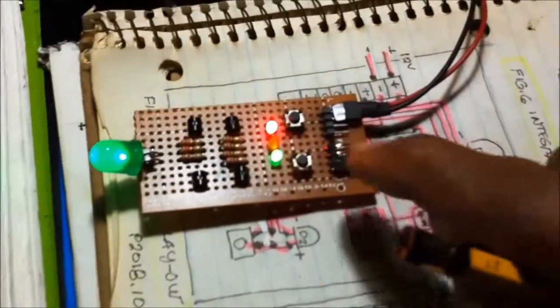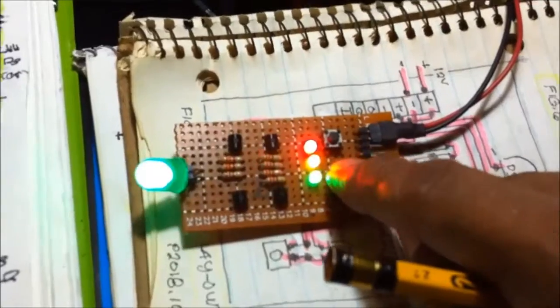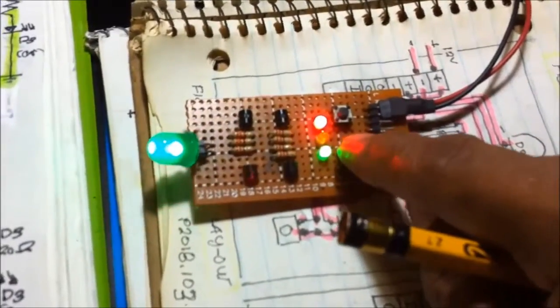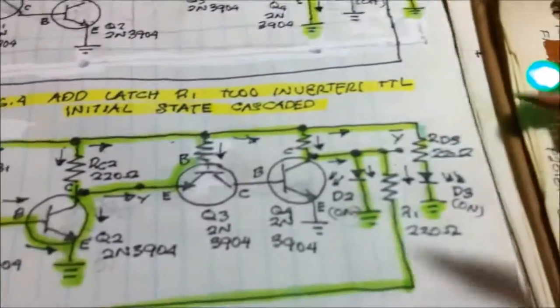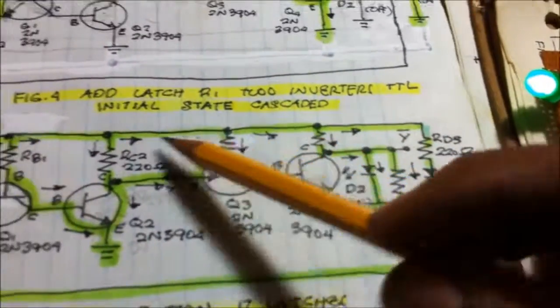Why is it not turning off? It's not turning off because of this latch circuit, or the feedback.